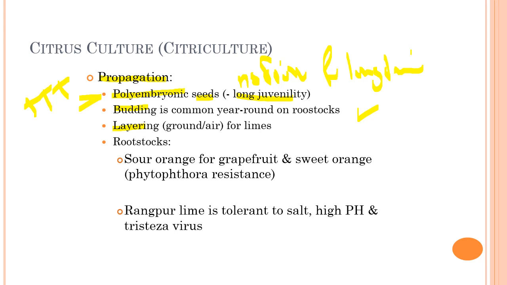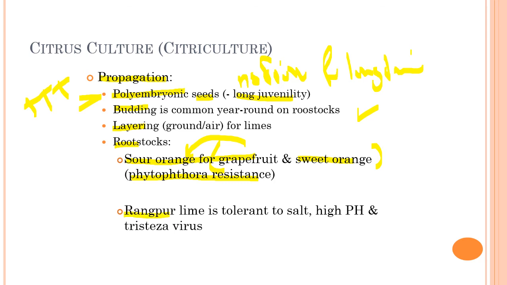In some countries, they do grafting. For example, they use sour orange for grapefruit and sweet orange also. Both of them use sour orange as rootstock because it can tolerate phytophthora.